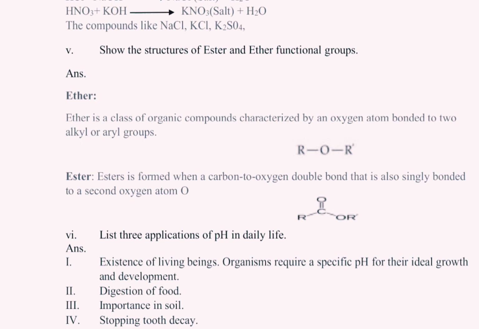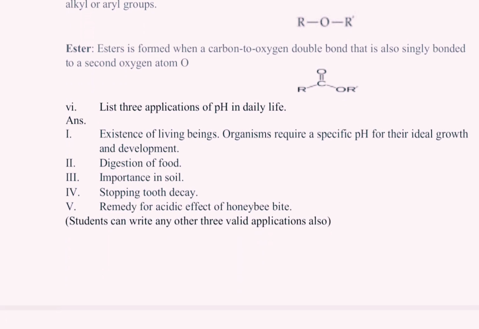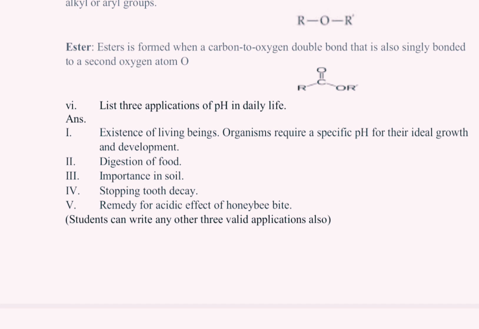List three applications of pH in daily life. pH is your hydrogen ion concentration. For the existence of living beings, your blood pH is very important, and if it fluctuates, it causes death. Food digestion, and soil acidity is also very important.